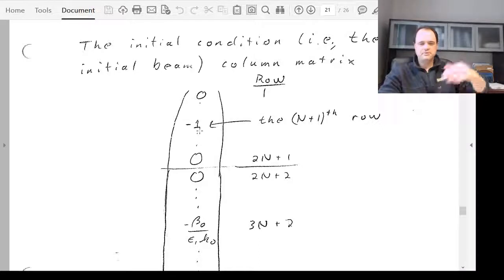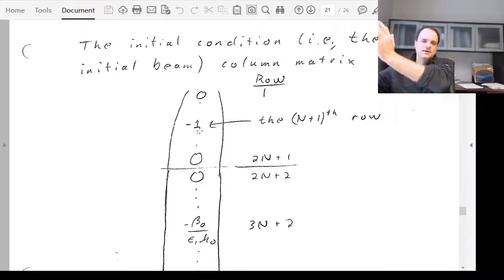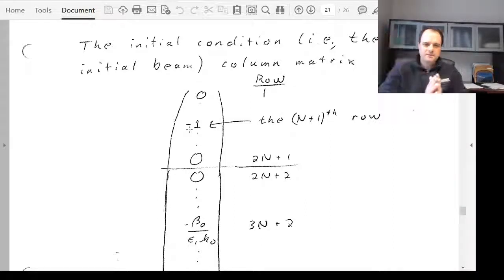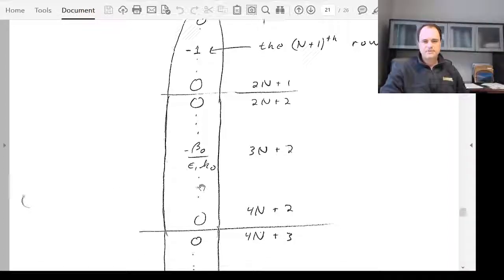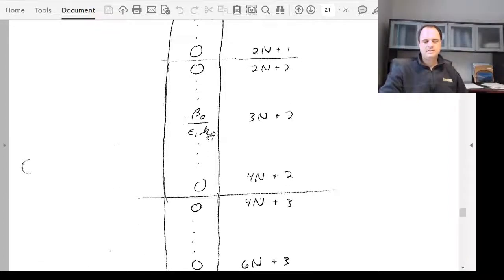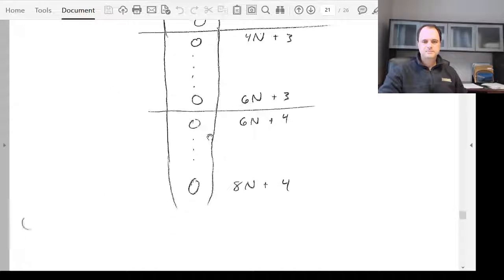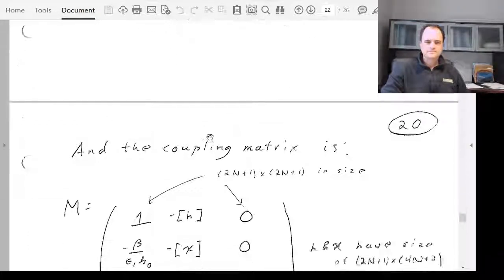It's unit amplitude, but we've taken it over to the other side of the equation, and that's why we need the minus sign. The rest of the incident beam components are 0, it's only a 0th order incident beam coming down. And likewise, for the electric field, we have a 0th order incoming electric field having non-zero value. Everything else is 0.